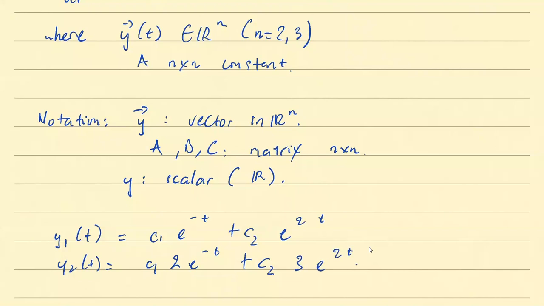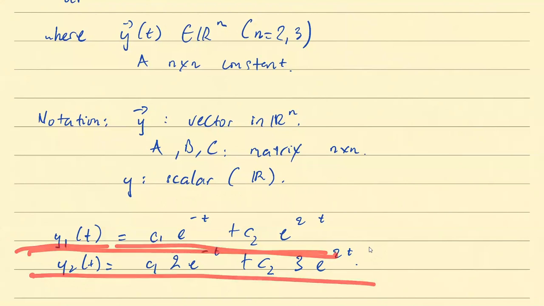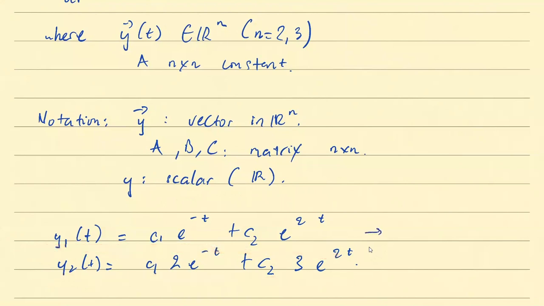So in this notation, what I mean is y1, y2 are two scalars, because they are just numbers. Of course, they're a function of time, but they're not vectors. This is the first row of the system, second row of the system. I mean, a row is not a scalar, but what I mean is the value of the y itself is a scalar.